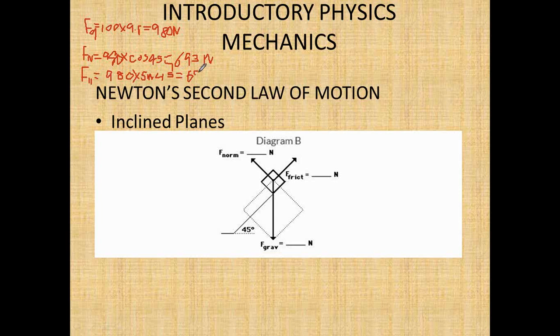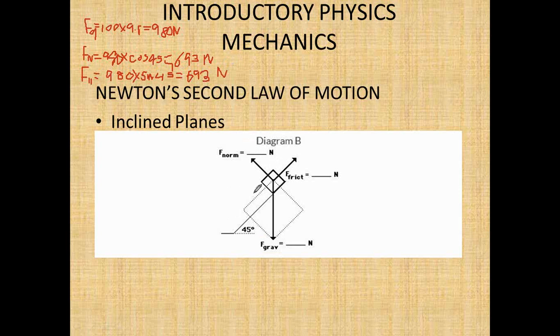So when you have an inclined surface of 45 degrees, you'll find that the normal force, which is perpendicular to the surface, is going to equal the force that's pulling the object downward along the incline.